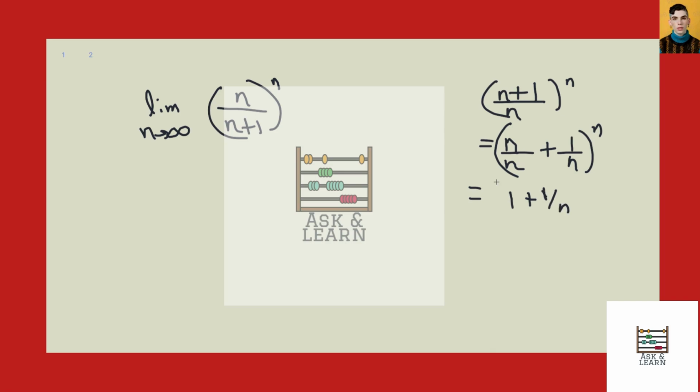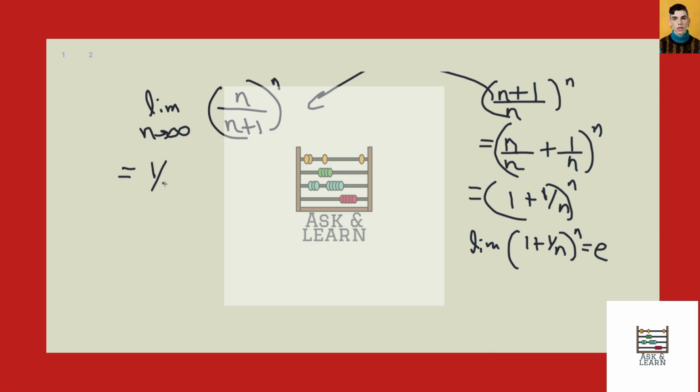If you recall this expression here, if you take the limit, this is equal to the number e. So this is the reciprocal of our term. So that just means that our limit just goes to 1 over e. Now this number is less than 1.